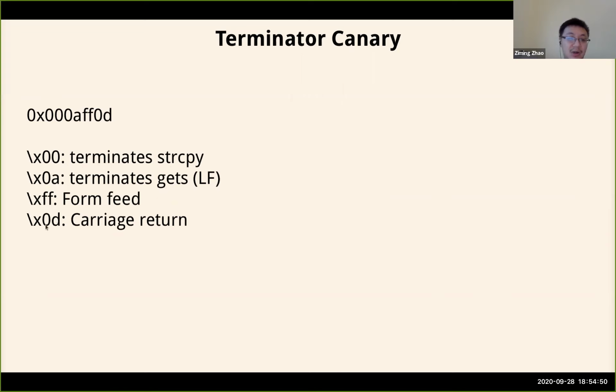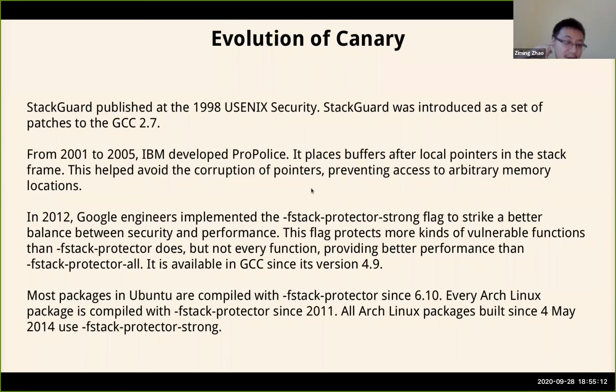There is 0D to terminate on carriage return, and FF to terminate on form feed. I'm not really sure what form feed actually is, but this is called a terminator canary. Even though they are fixed, they can stop some kinds of attempts, right? So those are the terminator canaries and different types of canaries. But obviously, random canary is still quite safe.